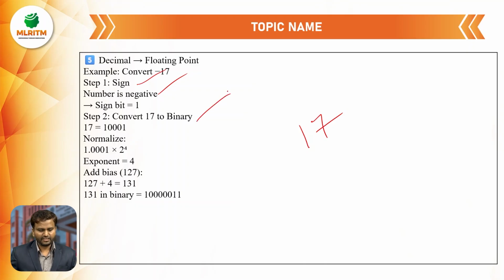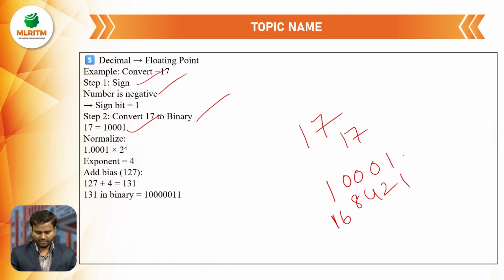Step 2: convert 17 into binary. The 17 is converted into zeros and ones, which is called binary code. The binary is 10001. Here 17 means we take 16, and then 8, 4, 2, 1.